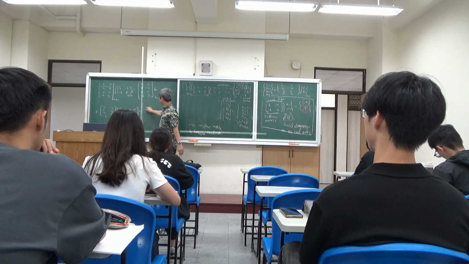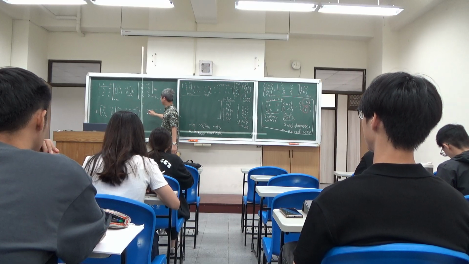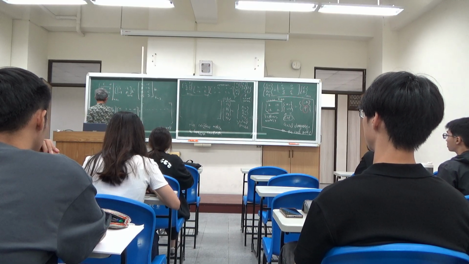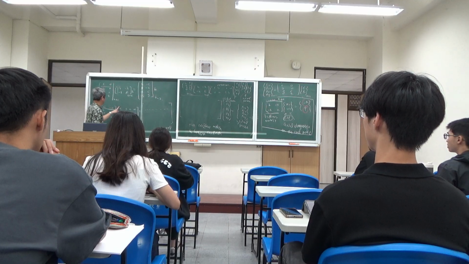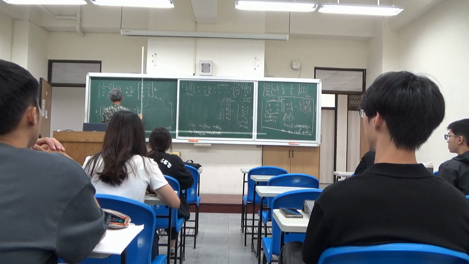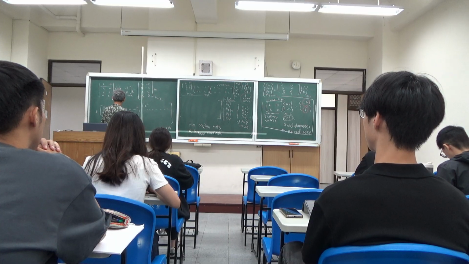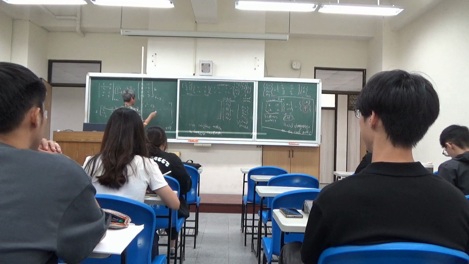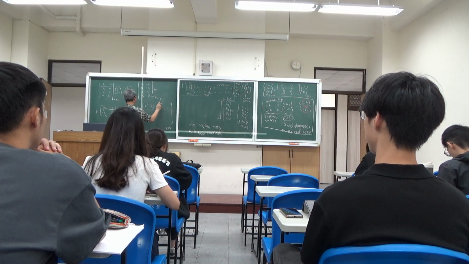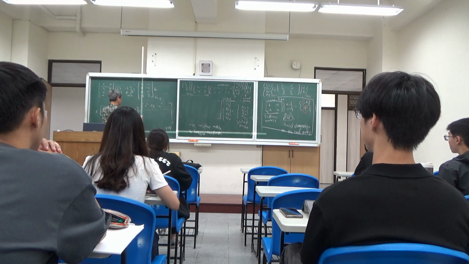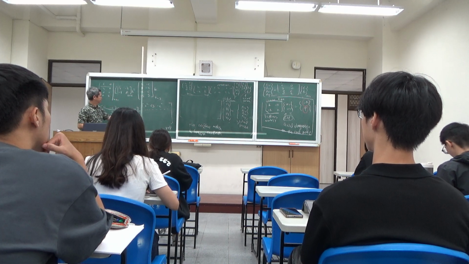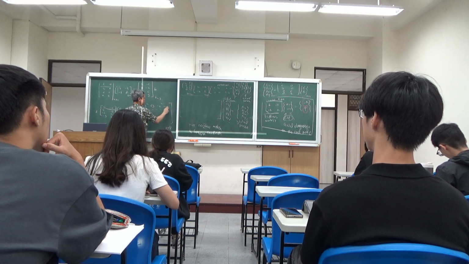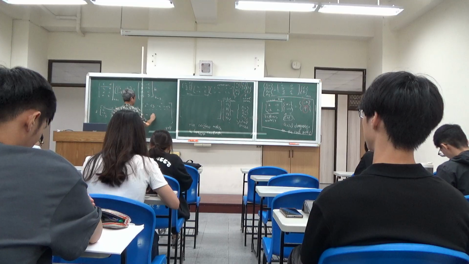Okay? So let's take the first row. First row, first column, C squared. First row, second column, CS. First row, third column, minus C squared. First row, fourth column, minus CS. Okay.